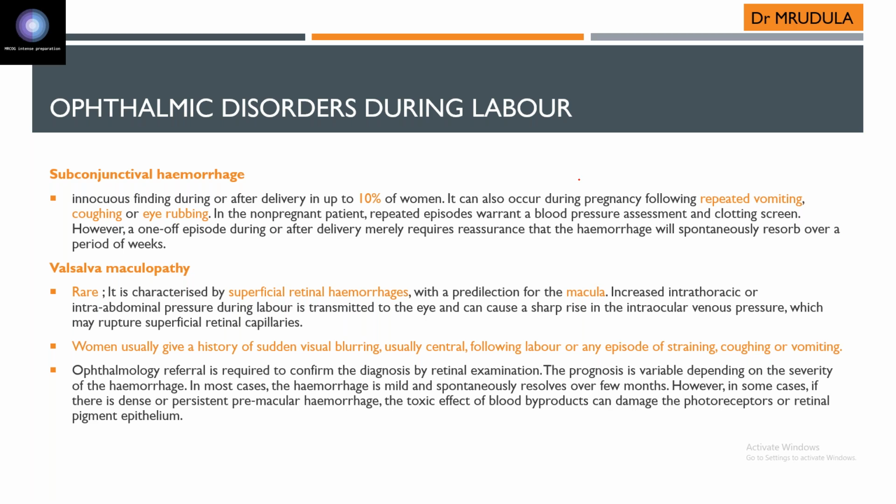Here the complaints will be sudden visual blurring, usually central, following labor or any episode of straining like coughing or vomiting. Ophthalmology referral is required to confirm the diagnosis. The prognosis is variable depending upon the severity of hemorrhage. Usually, the hemorrhage will be mild and spontaneously resolve. However, in some cases, there will be dense or persistent premacular hemorrhage.